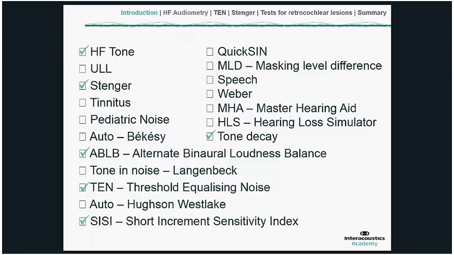I've grouped these three together for reasons that will become more clear later, but these are all centered around a similar clinical application, which is a differentiation of cochlear from retrocochlear pathologies. But I'll come to that later. We'll go through for now the high frequency audiometry test.